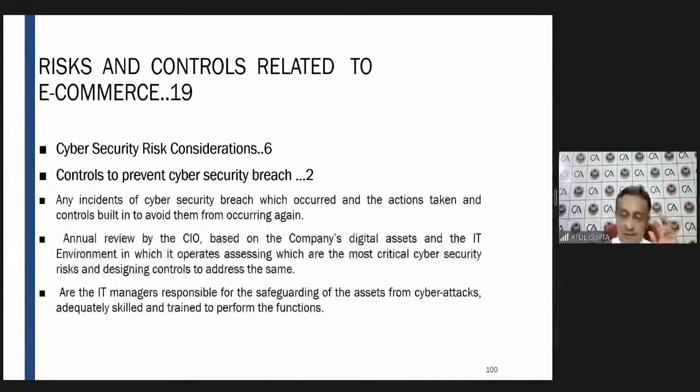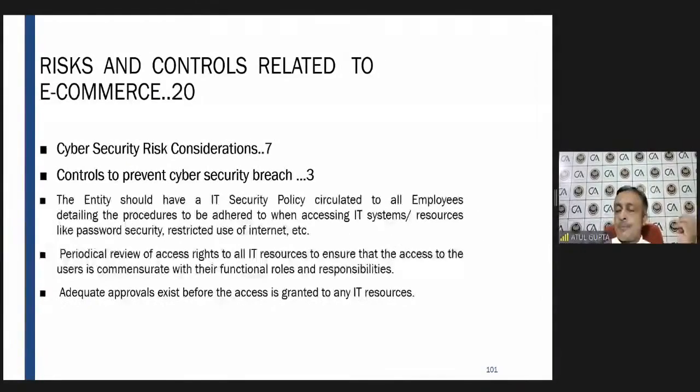Incidents need to be documented, action taken, and policy updates based on incidents made. Annual reviews to be done by the Chief Information Officer, upgrading of skills, IT security policy. Muskan's point has come: periodical review of access rights. That is a hint to the possible answer.